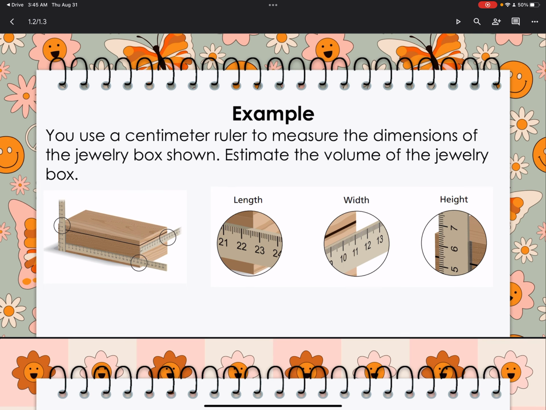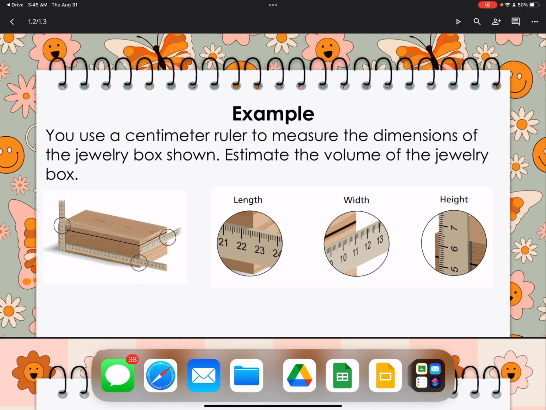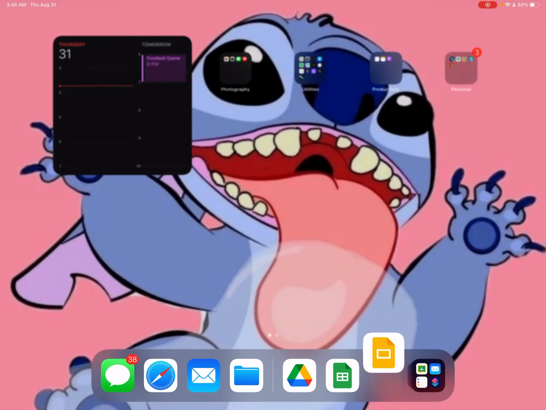Okay, so looking at this picture, I see that my length is 22.5 centimeters. My width is 11 centimeters, and my height is about 6.5 centimeters. So 22.5, 11, and 6.5.